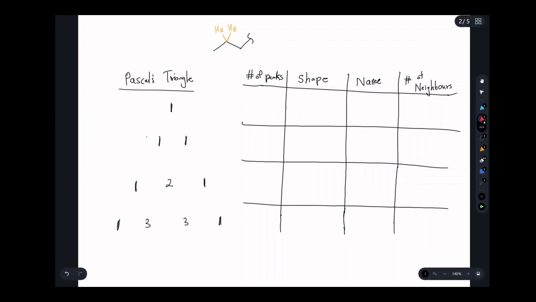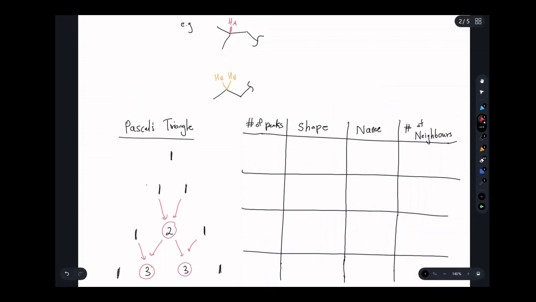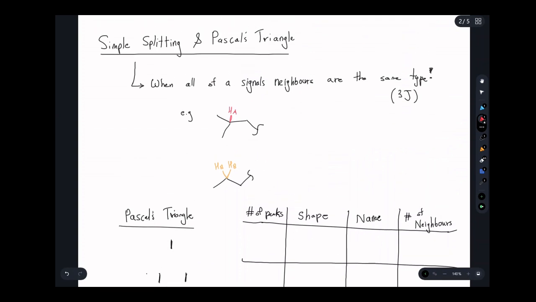However, once you have a third number, you can add these numbers up to get the number in between. The same pattern continues, and you can continue this pattern in perpetuity to get some pretty weird patterns. This triangle actually is very relevant when we talk about the shapes of our peaks, as we'll discuss.